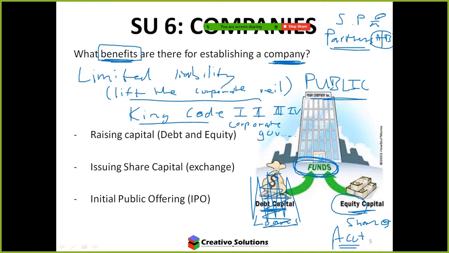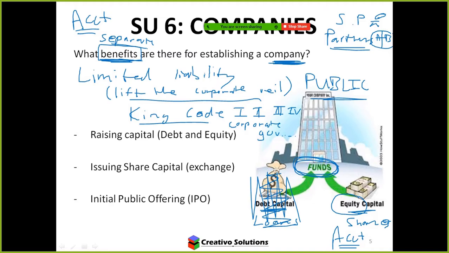All right. So when looking at the benefits, there are lots of benefits, and if I'm looking at things from an accounting perspective, a benefit would be everything is separate. Literally everything is separate. When we looked at close corporations, members were, inverted commas, separate, but we still disclosed them in the statement of changes in equity.